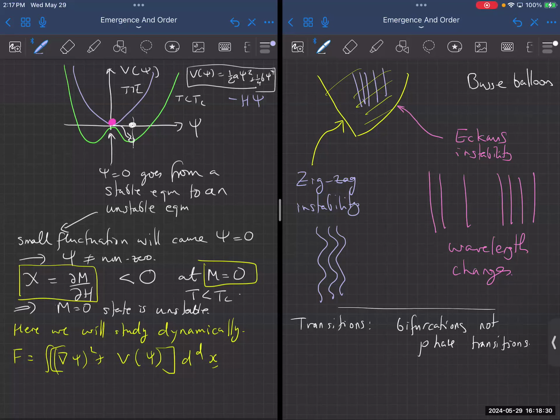Think about compressibility. Okay, so let's suppose I've got some material fluid, and I compress it. What I expect is that its compressibility will be positive. The compressibility is minus dV by dP. It tells you how, if you apply a force pushing inwards, the volume decreases.